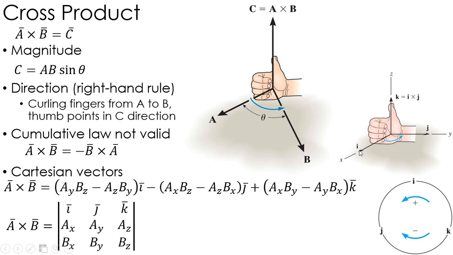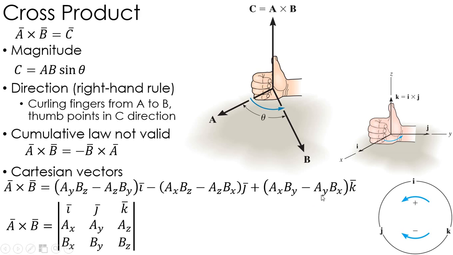Now I can do a right-hand rule on each one of those, and just to speed things up a little bit, we can talk about this when we actually go through and solve them in class. You can do each component. So i cross j gives you a positive k. That would essentially be this vector right here, Ax cross By in the j gives you a positive k.